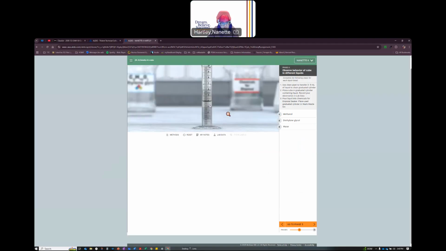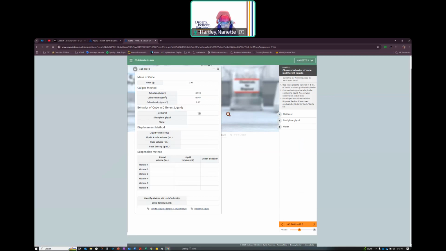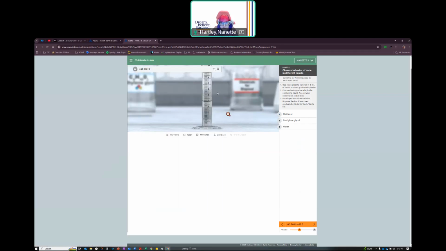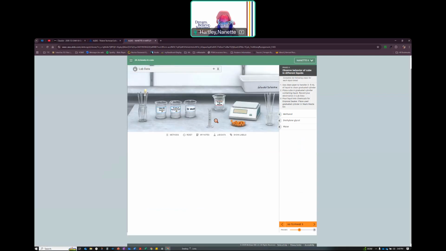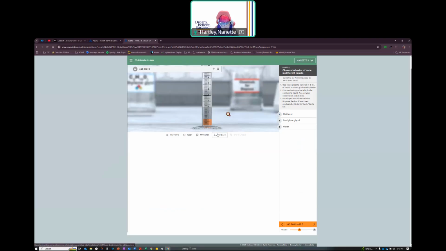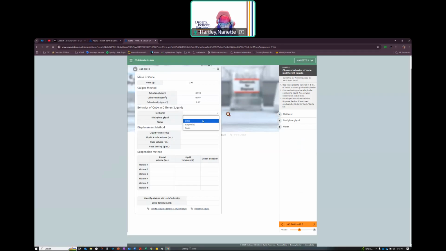There, look, and I see that's exactly 4. Place the cube in the graduated cylinder. For your observation in the lab data, what I see is that it sinks. So in the methanol, it sinks.